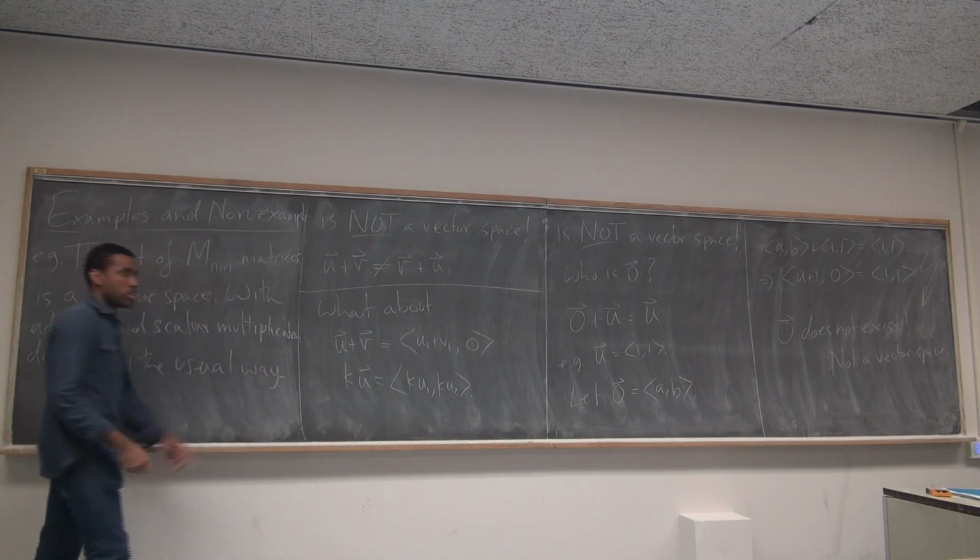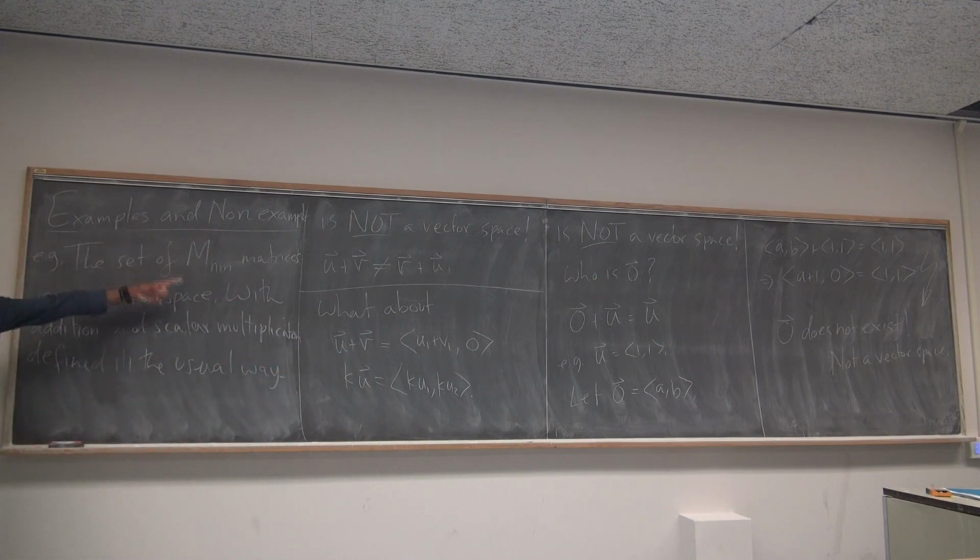Go through the list of 10 things for an n by m matrix, and all 10 would be fulfilled. My 0 in this case would be the n by m matrix with all zeros in the components.